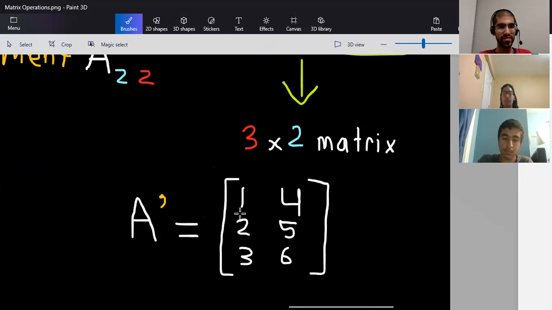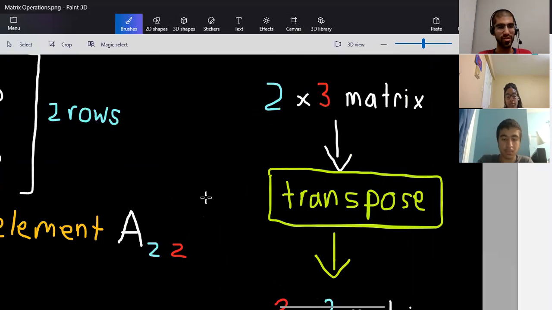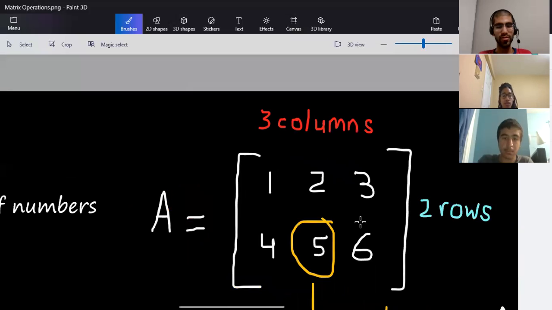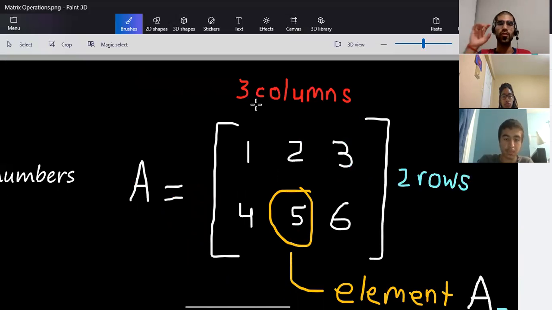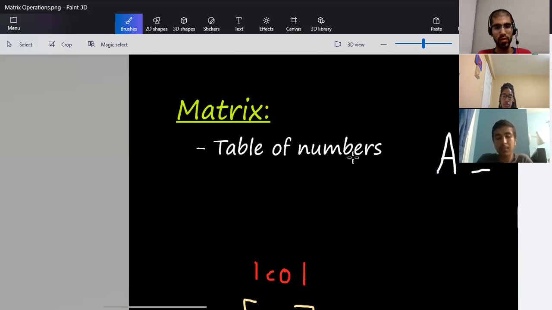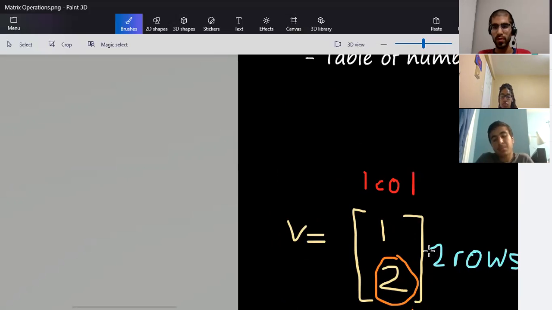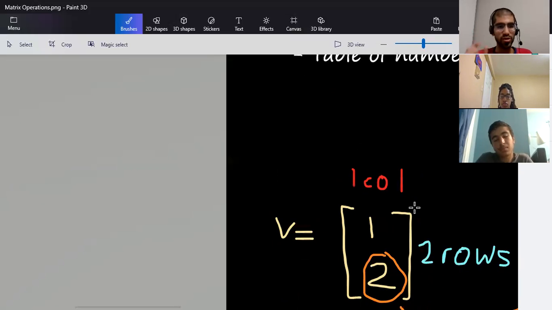Cool. All right. So there's another special bit of vocabulary that we need to know, and it's exclusively for matrices where one of the dimensions, either the rows or the columns, is just 1. So, for example, we have this matrix here where it only has 1 column. That means it has a special name.